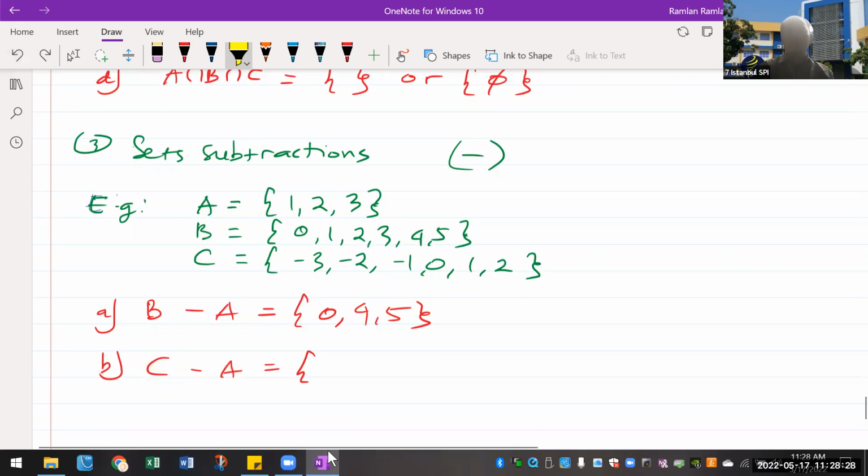So we need to find the same element, the common element from set A and set C. Set A and C have common elements of 1 and 2, right?